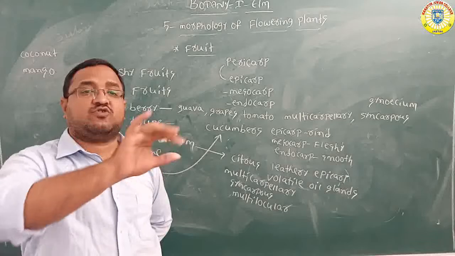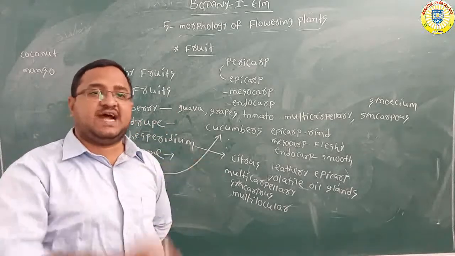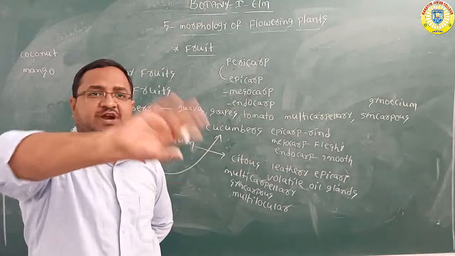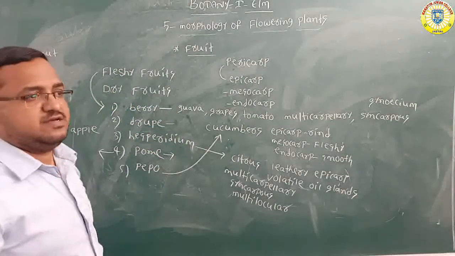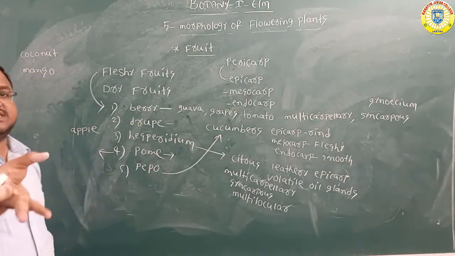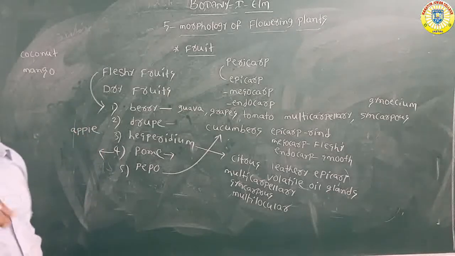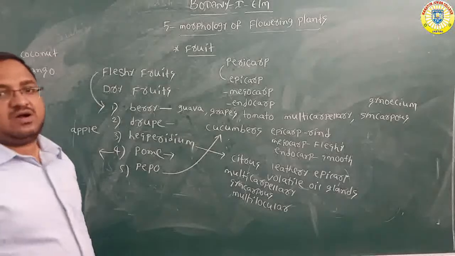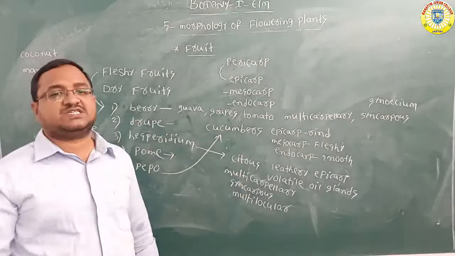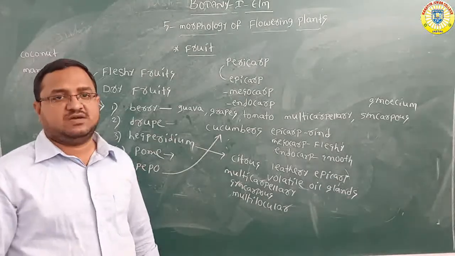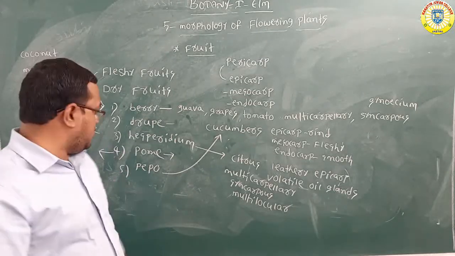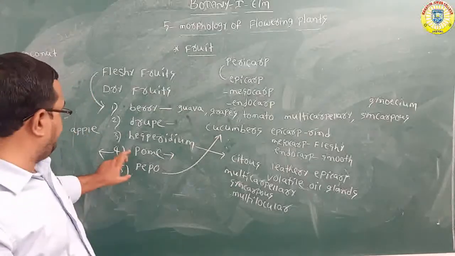The true fruit is inside, surrounded by the fleshy thalamus, and especially you can see the endocarp is cartilaginous, a shell-like structure. So this is about the pome.